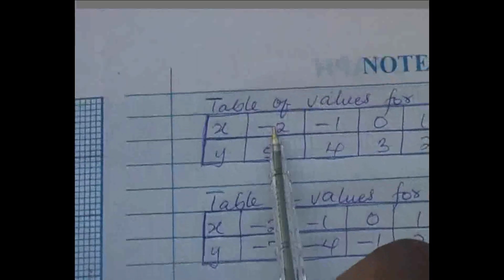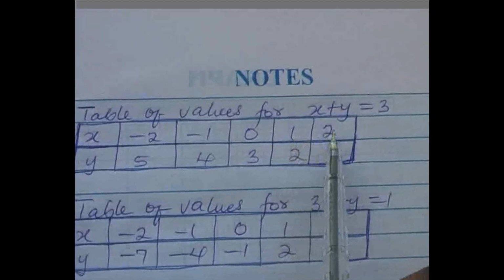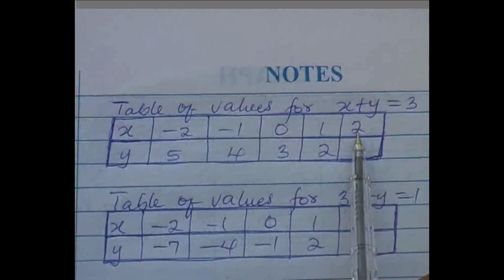Now you have 1, 2, 3, 4, 5, 6, 7, 8, 9, 10 squares on the horizontal. Now you are going to divide this in such a way that it will accommodate both the negative, like -2 and -1, and the positive, like +1 and +2 values of X.